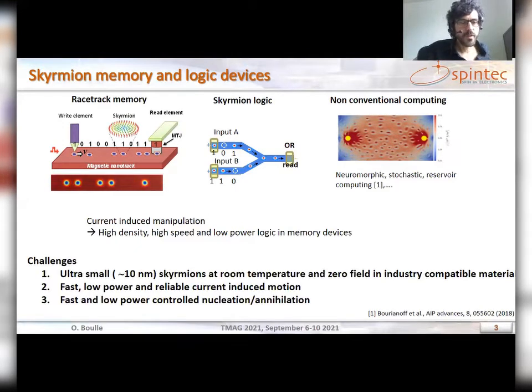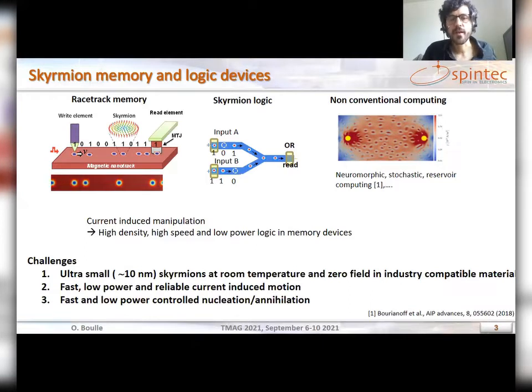First, one needs to be able to stabilize very small skyrmions, typically down to 10 nanometers, at room temperature and zero field, in industry-compatible materials. Second, you need to be able to manipulate these skyrmions fast, with low power and with reliable motion.